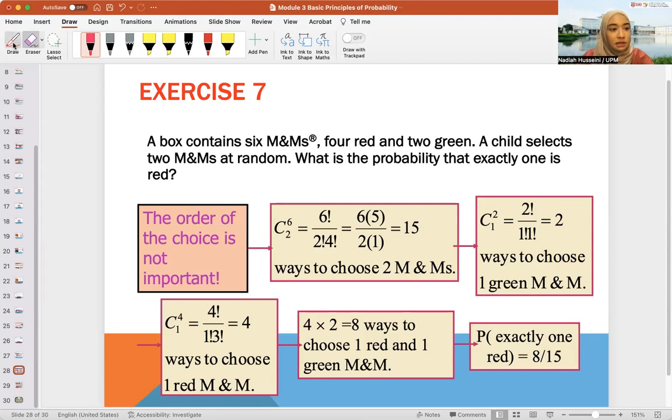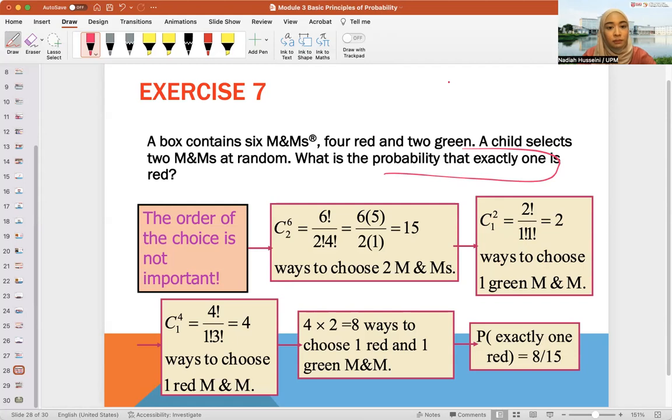But the question is asking us, what is the probability that exactly 1 is red? Here they are using combination 2 choose 1, because this is the number of ways to choose 1 green M&M. When you are selecting 2 M&Ms and you want exactly 1 that is red, it means that the other one should be green.